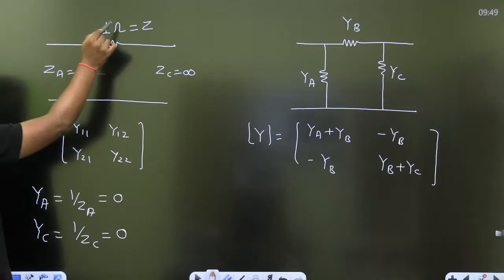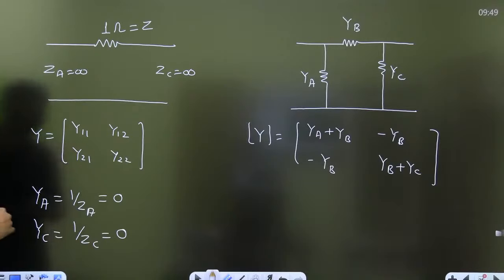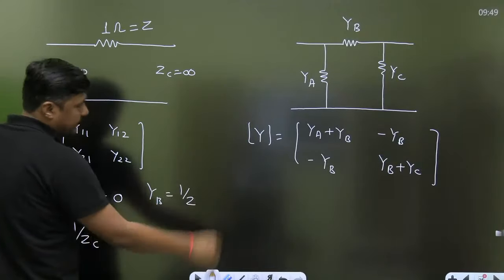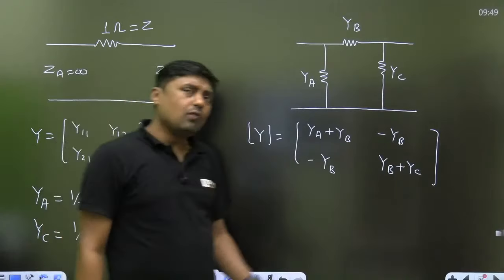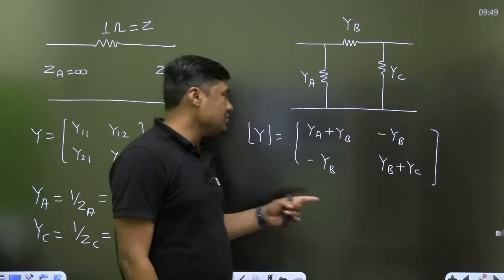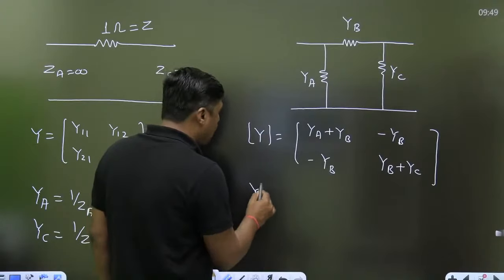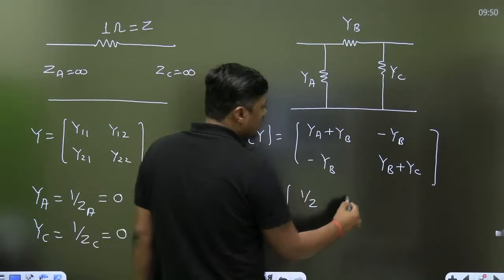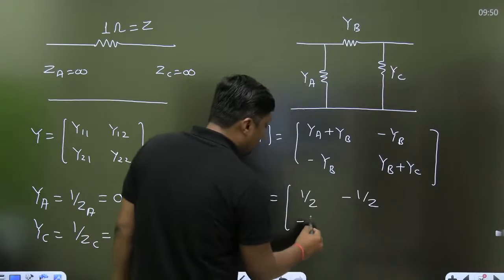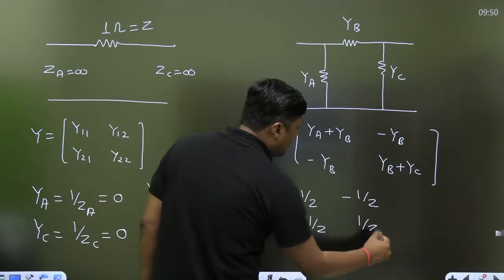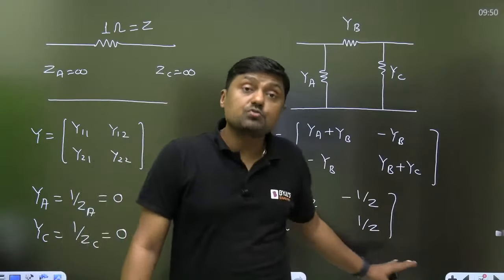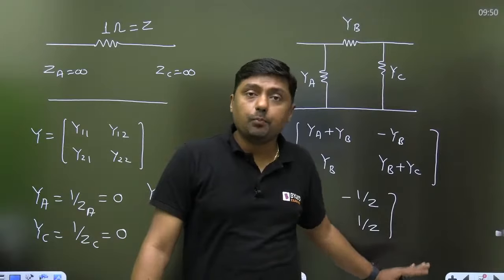And now what is this YB? YB is nothing but 1 by Z. So YB is equal to 1 by Z. So what are all the Y parameters? Since YA is 0, it is 1 by Z, minus 1 by Z, minus 1 by Z and 1 by Z, because YB is equal to 1 by Z. To remember this formula, this is a very important shortcut.